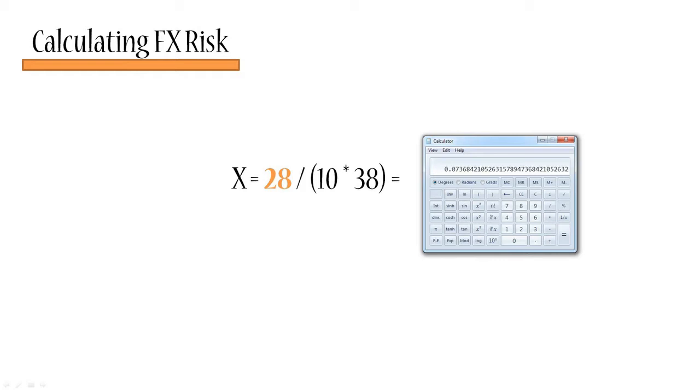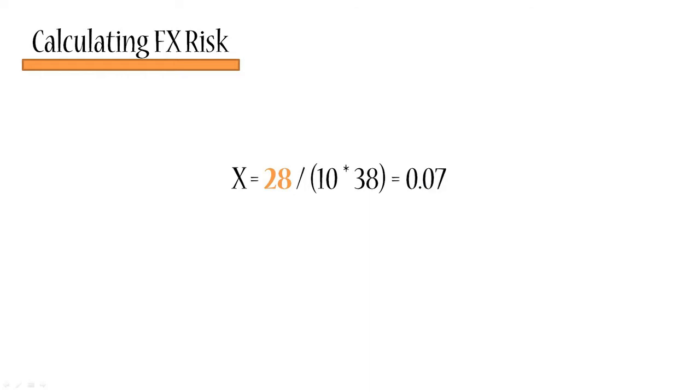That gives about 0.07. So let's put that in, 0.07 lots. Alright, perfect. So now we know what our volume is. We can go on ahead with our trade.